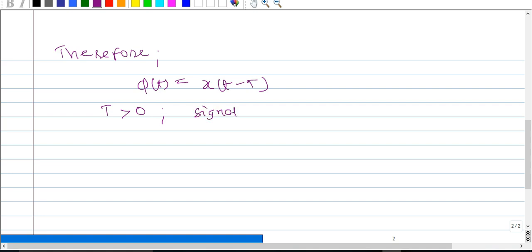Therefore, we can write that the signal phi of t equal to x of t minus t naught. This is the time shifting operation, and we have said that if t naught is greater than 0, then the signal will be shifted to the right side, or it will get delayed by t naught seconds.